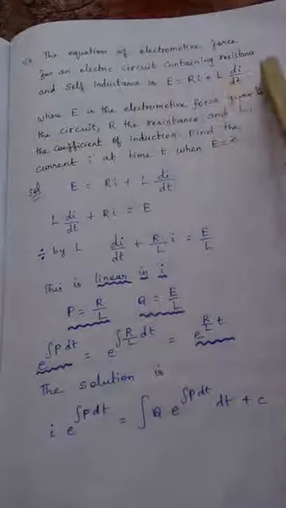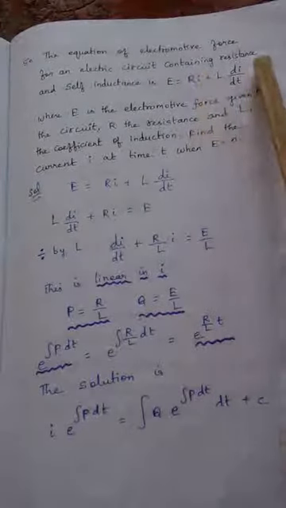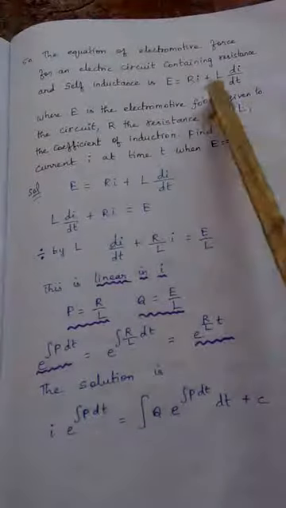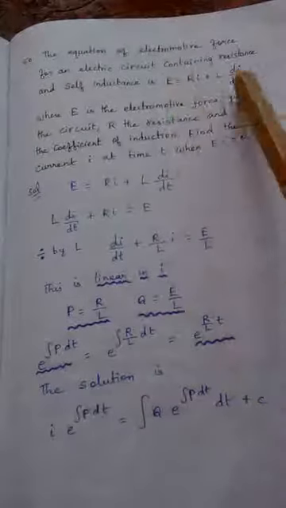So, this is nothing but the expression for electromotive force, right? The equation for electromotive force is given, where R is nothing but resistance and L is nothing but the coefficient of induction. You know very well, because these are all physics terms.